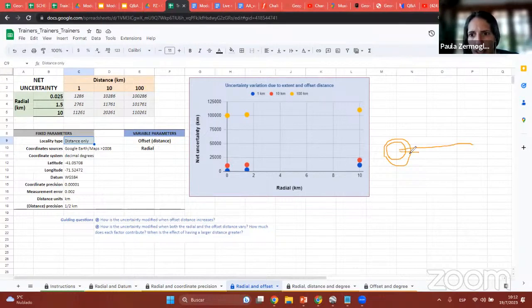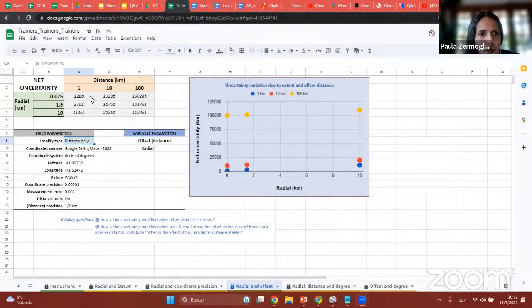Can be 1 kilometer, 10 kilometers, or 100 kilometers. So that's what we're looking at here. So we put all the parameters in the calculator, we get all the values for this little table here, and what we're going to see is, once again, as the radial is bigger, the uncertainty is bigger. And that, I think, should be clear by now.